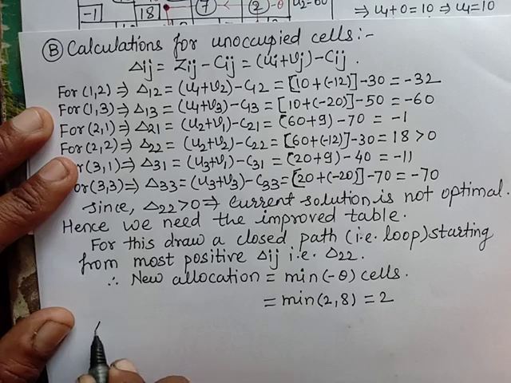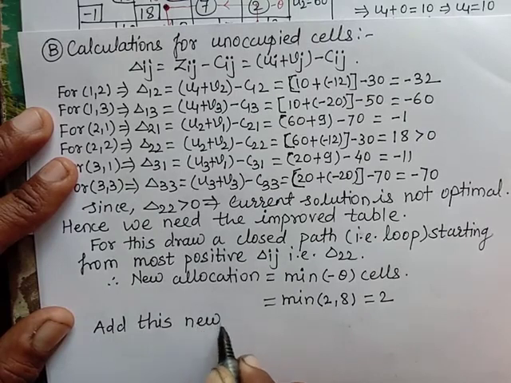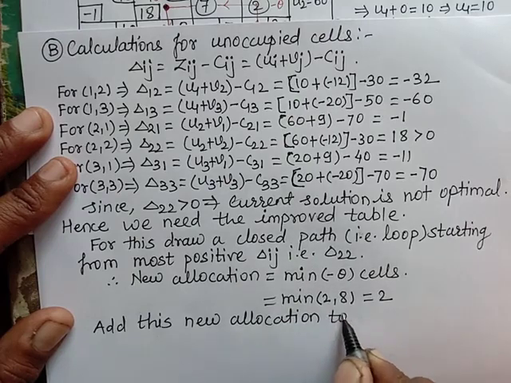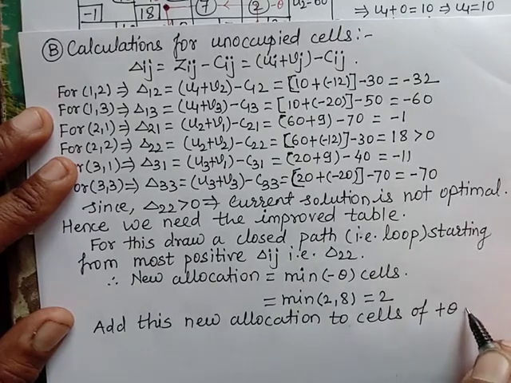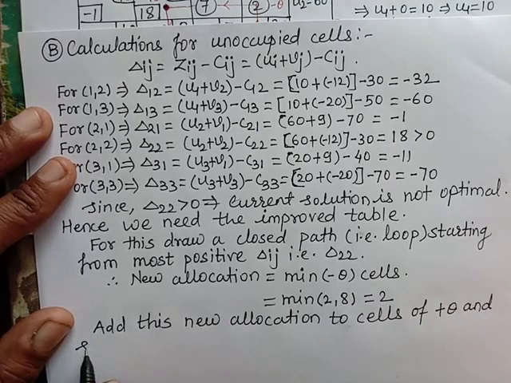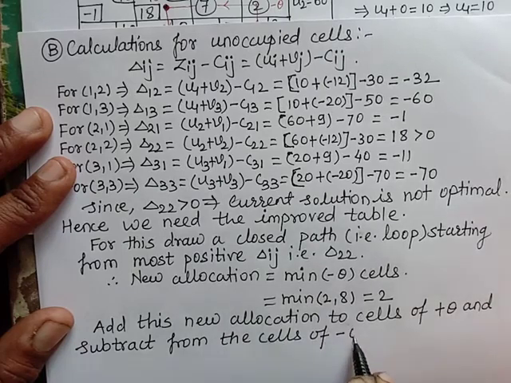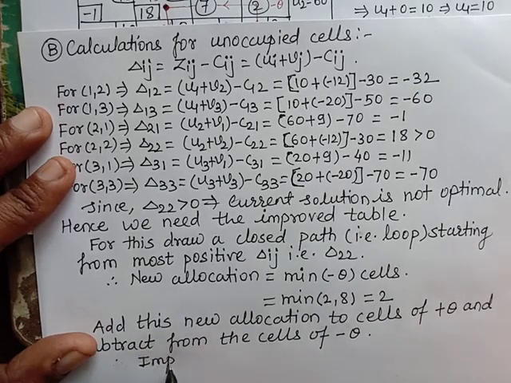The rule says to add this new allocation to the cells of plus theta and subtract it from the cells of minus theta. Therefore the improved table is.